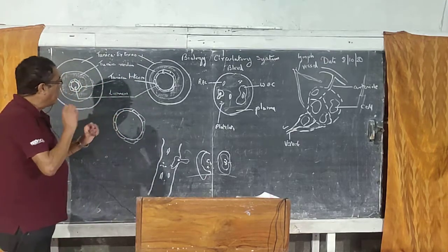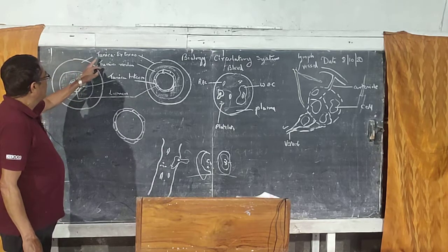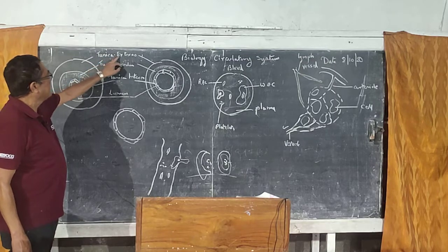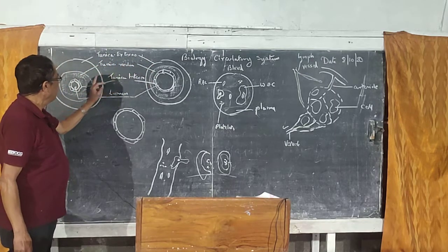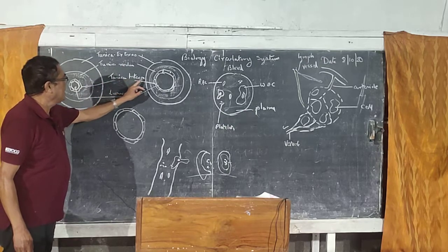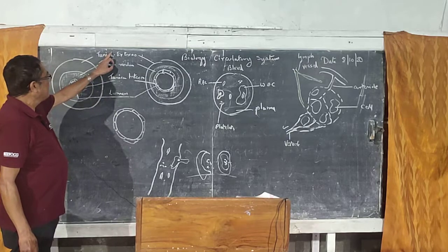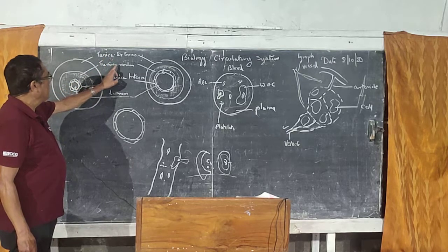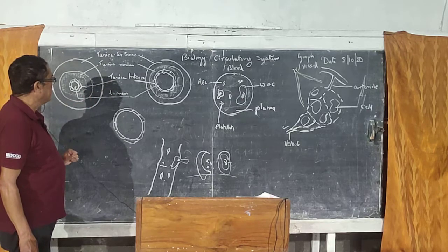The wall of the blood vessel is made up of three layers. They are tunica externa, tunica media, tunica interna, or fibrous coat, muscular coat, and endothelium.